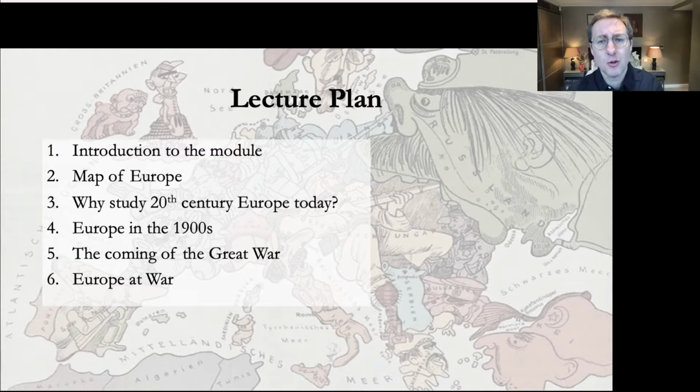Then I would like to introduce you to the different iterations of the map of Europe. The task here is to get you to familiarize yourselves with the different configurations that the European continent has had in political and geopolitical terms from the early 1900s all the way through to our day.